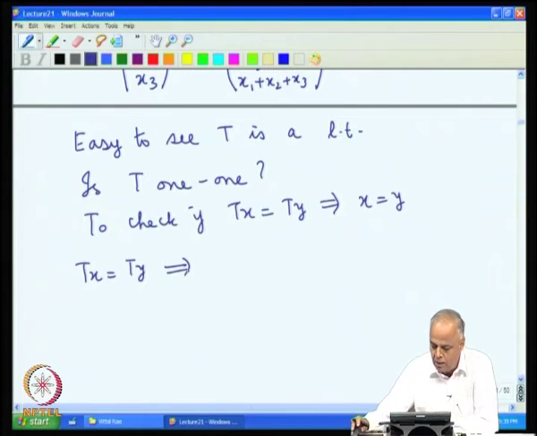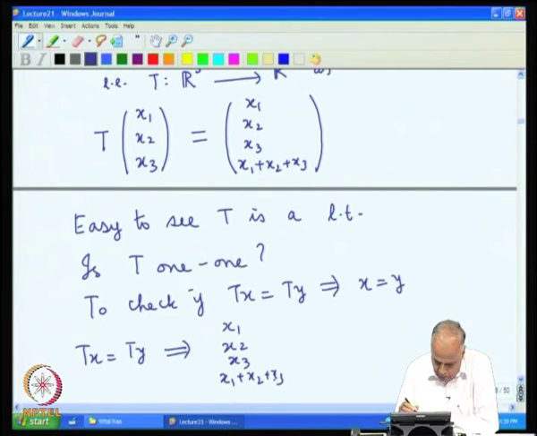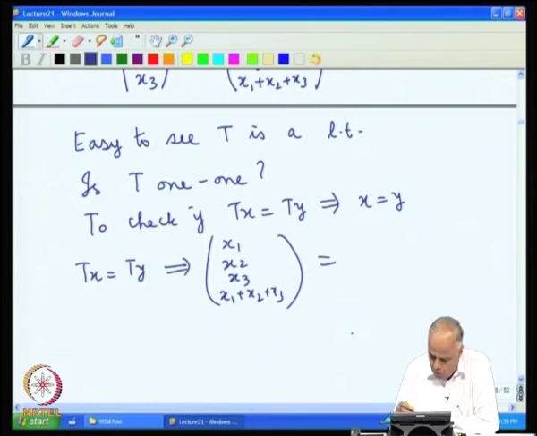That implies, by the definition of T, that x 1, x 2, x 3, x 1 plus x 2 plus x 3 must be equal to y 1, y 2, y 3, y 1 plus y 2 plus y 3.